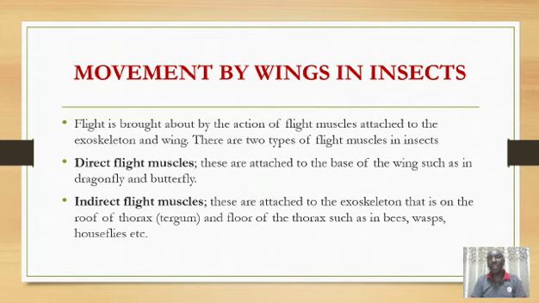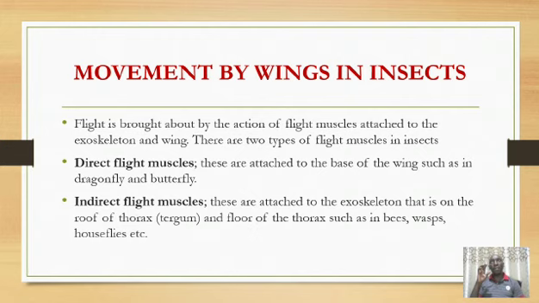We now move on and look at movement by wings in insects, and that is what we are calling flying. Flying is brought about by the action of wings, but these wings have muscles that we call the flight muscles.